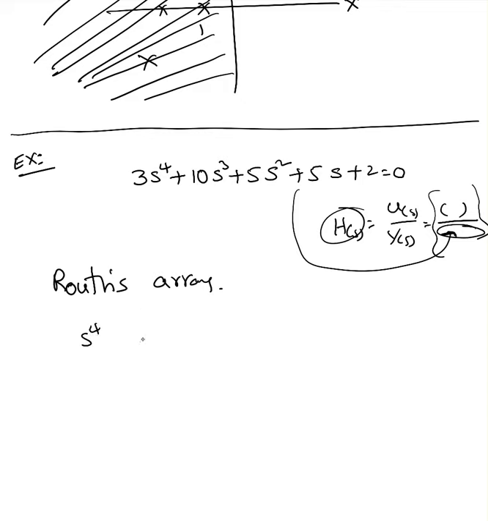Now here, write down all the coefficients of even powers of s. So s to the power of 4, s square, and constant. Now I'm going to put s cube. Here I'm going to put all the odd power coefficients. So 10, 5, if needed you can put 0 or leave it as it is.